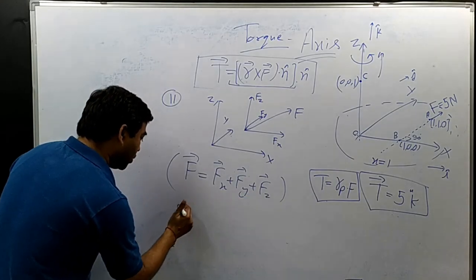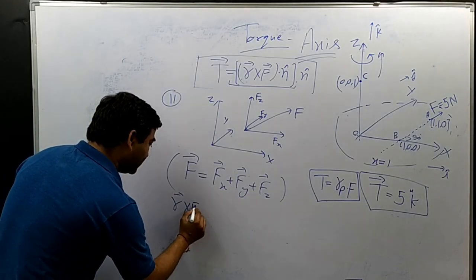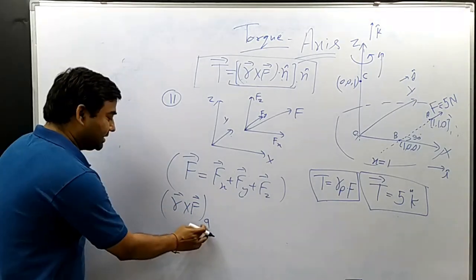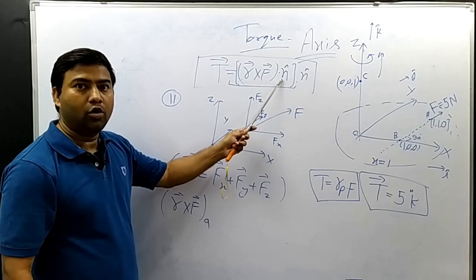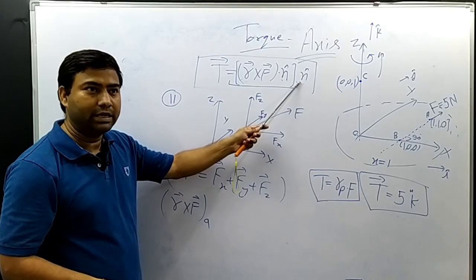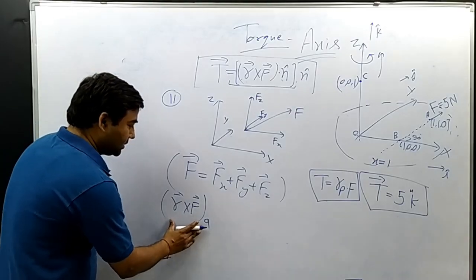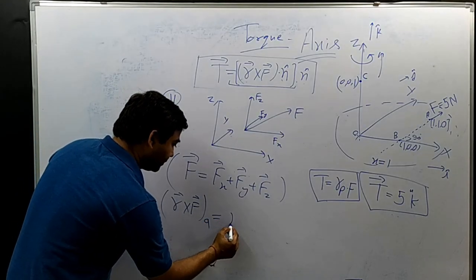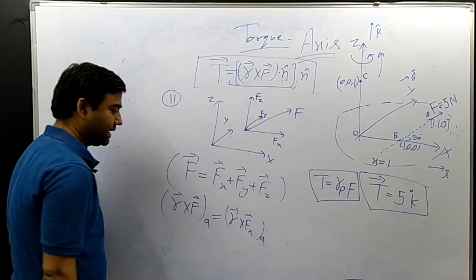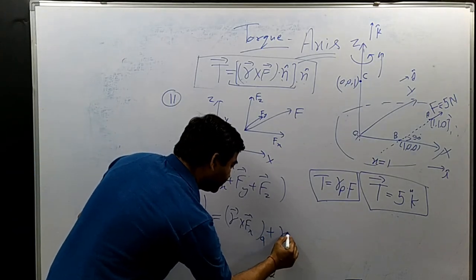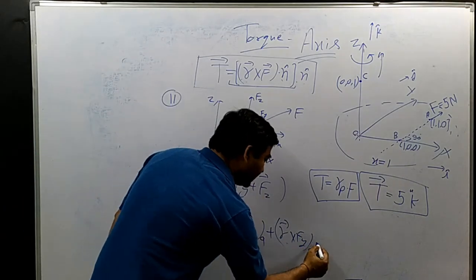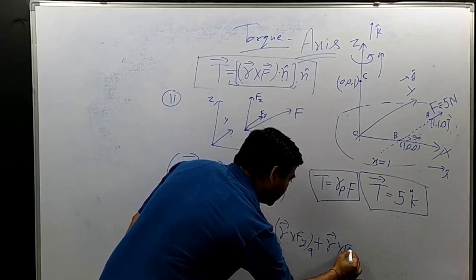So we can say the torque of F about the axis, that is the axial component of r cross F, where the axial component is found by the dot product with the unit vector along the axis, is equal to the axial component of r cross Fx, plus the axial component of r cross Fy, plus the axial component of r cross Fz.